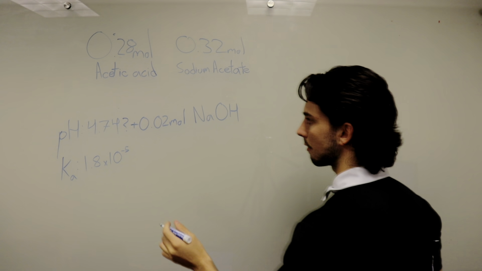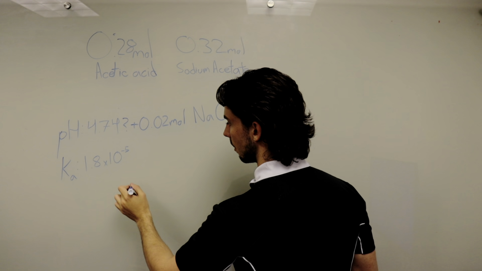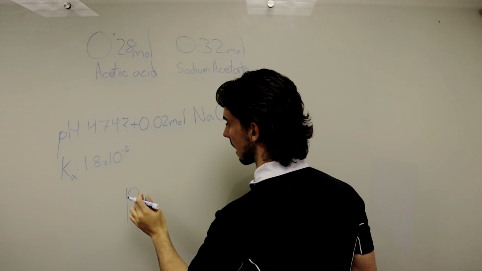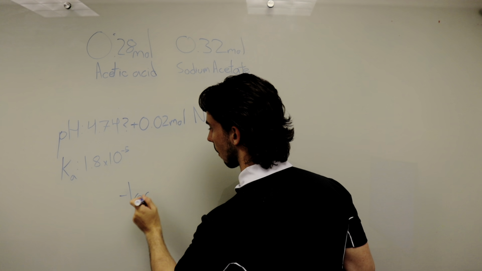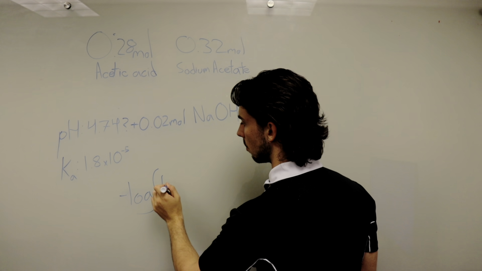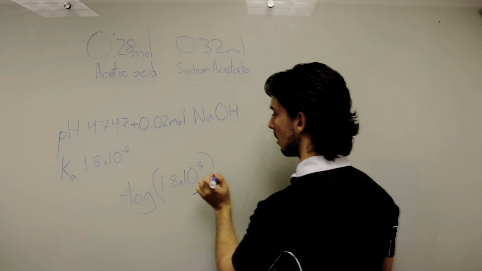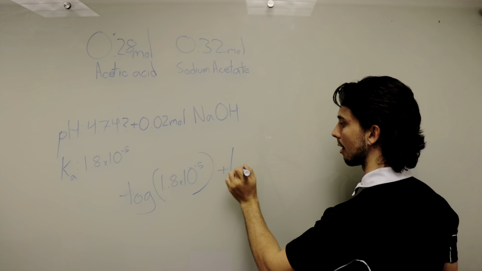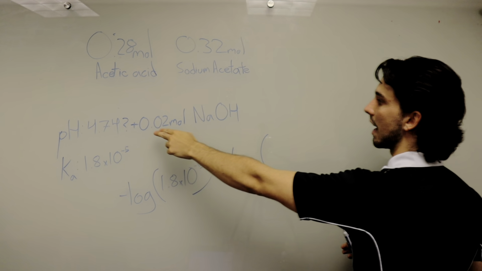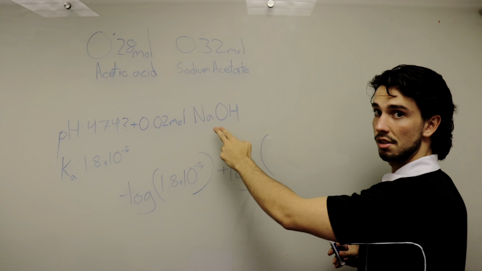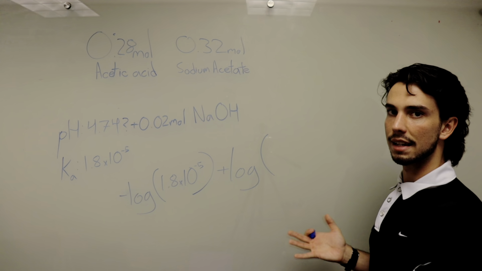let's find out what the pH is going to be when we add this sodium hydroxide. So let's start the equation. It's pKa, that P, negative log, of our Ka value, 1.8 times 10 to the negative fifth, plus the log of the concentration of our base. Since we added 0.02 moles of a base to another base, it'll increase the amount of moles, and since it's 1 liter, it's going to be the same thing.